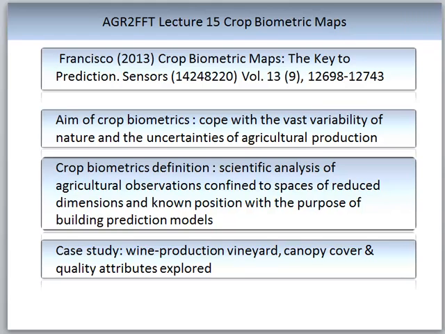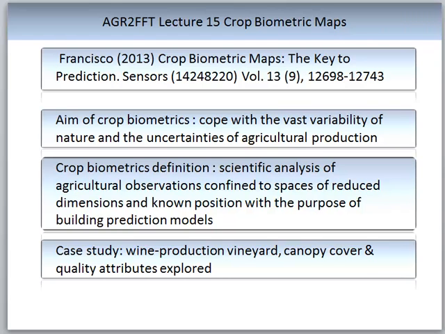The definition of crop biometrics is the scientific analysis of agricultural observations confined to spaces of reduced dimensions and known position with the purpose of building prediction models. In this study, wine production, vineyards, and canopy cover and quality attributes were explored.